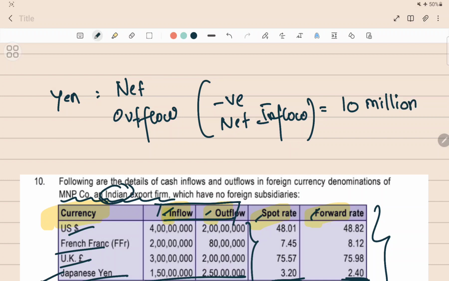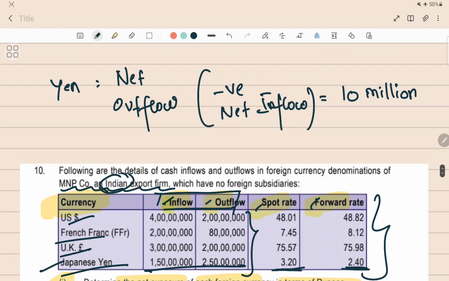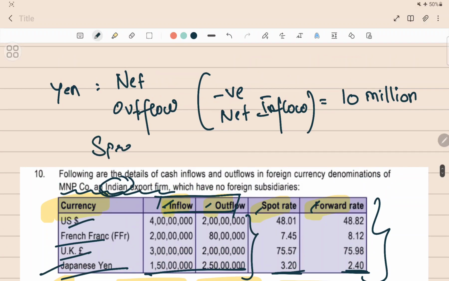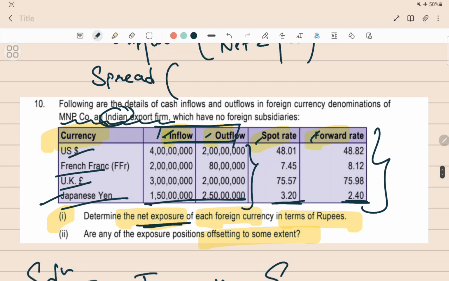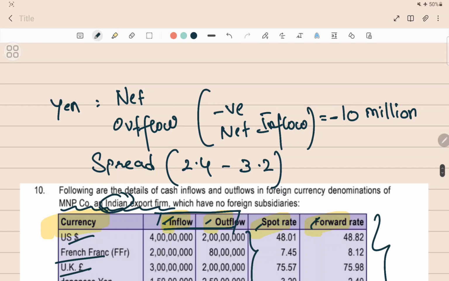The spread, forward minus spot, is 2.4 minus 3.2, which is negative 8, that is 0.8.